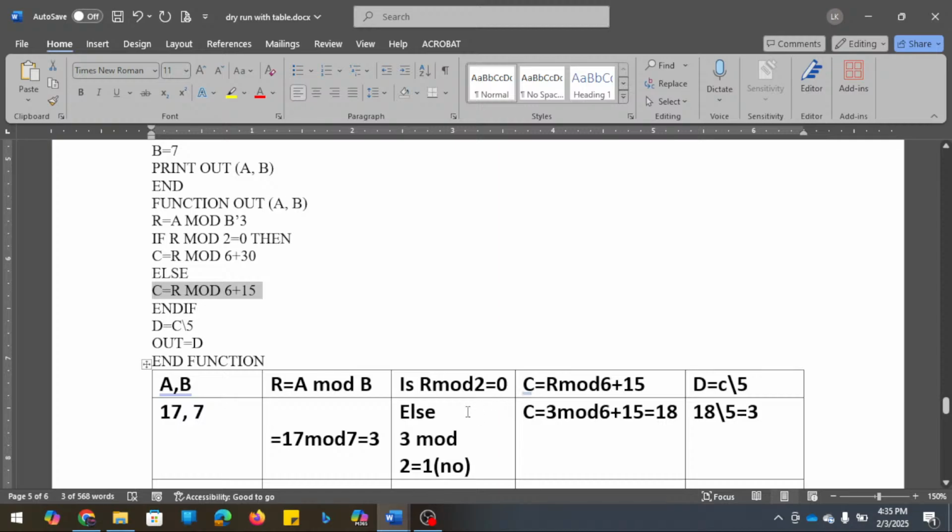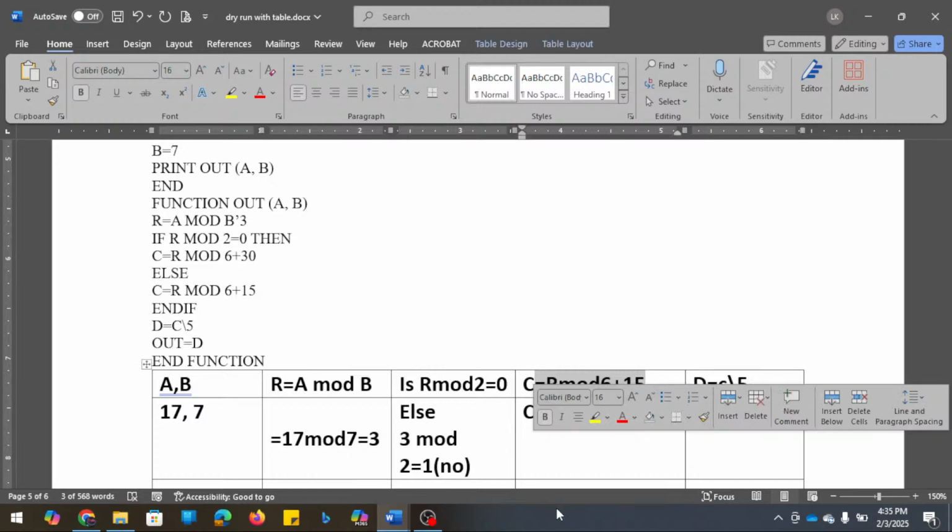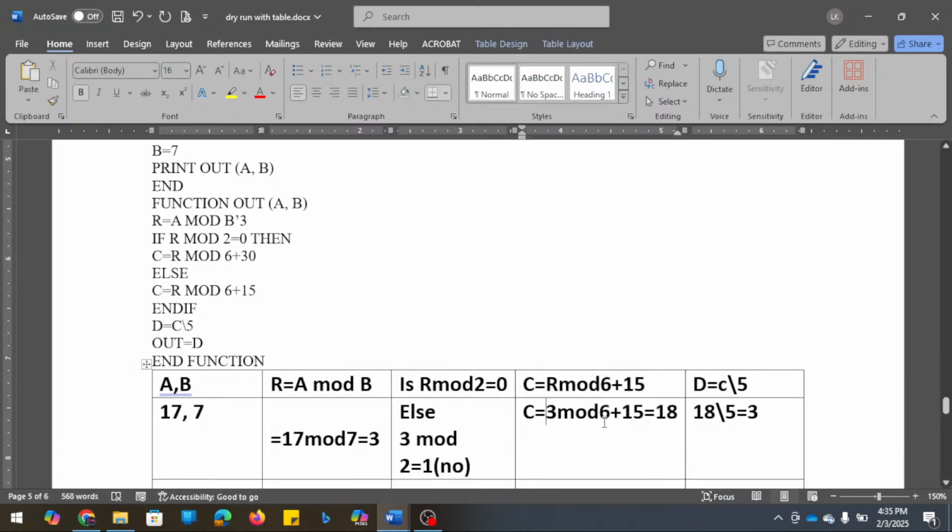R mod 6 plus 15. So C equals to, is R mod 2 zero? No. No means it is going to work there. R mod 6 plus 15. So what is value of R? That is 3. 3 mod 6 plus 15. So 3 mod 6 gives us 3. 3 plus 15, 18. And after that what happens? D equals to C by 5.